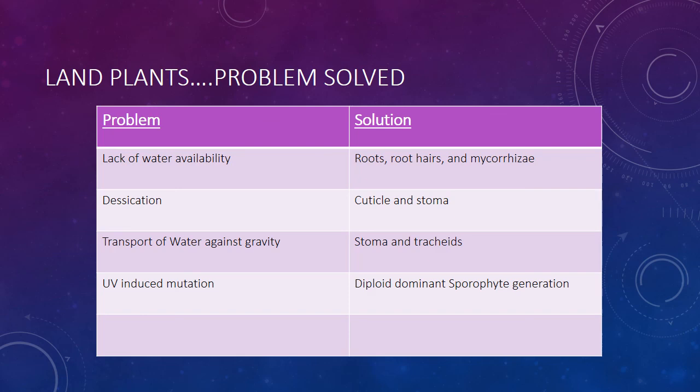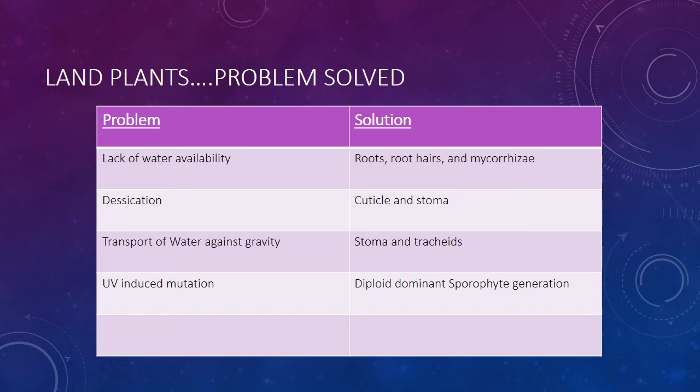Okay, so let's summarize how these land plants solved the various problems. So lack of water, the solution was roots, root hairs, and mycorrhizae. In order to make sure that they don't dry out, they have cuticles and stoma or stomata.